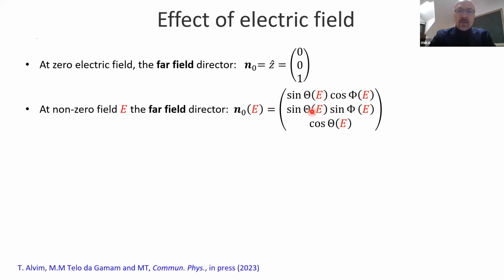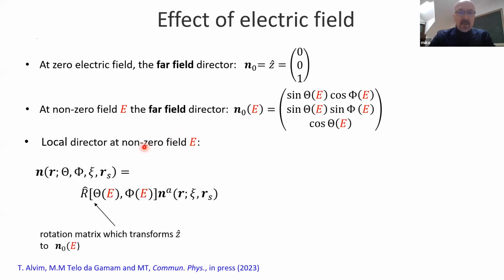So what about the local field of the skyrmion? We assume the simplest possible approach. We assume that at non-zero electric field, the initial axisymmetric ansatz rotates uniformly. So the director field, denoted by the letter n, which depends on the coordinate and on the 5 parameters, capital Theta and capital Phi, which represent the far field director, psi, the width of the twist wall, and R_S, the center of the skyrmion, is given just by rotating this axially symmetric ansatz by some matrix R hat.